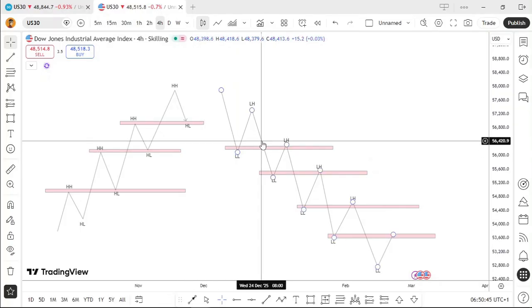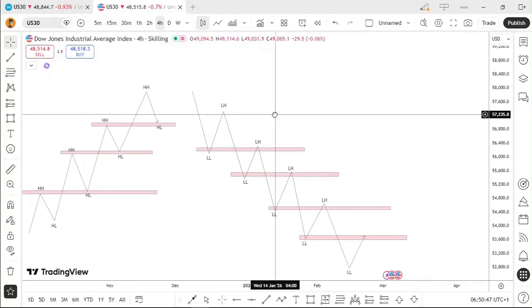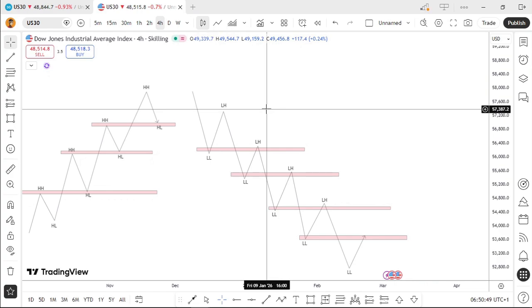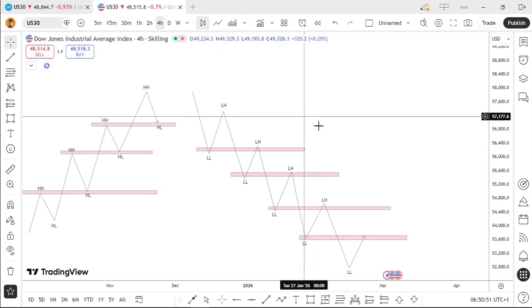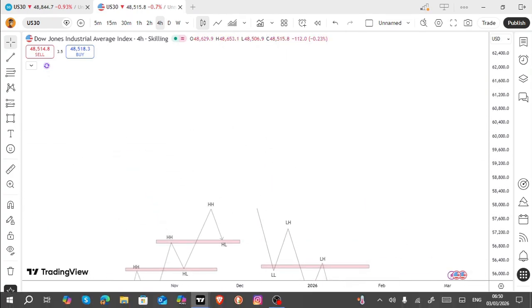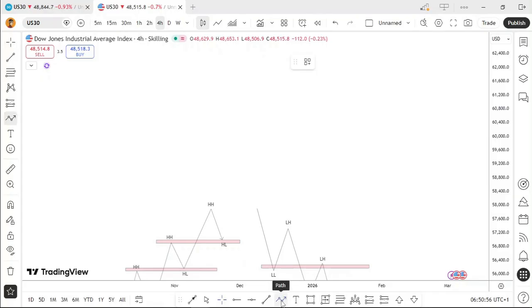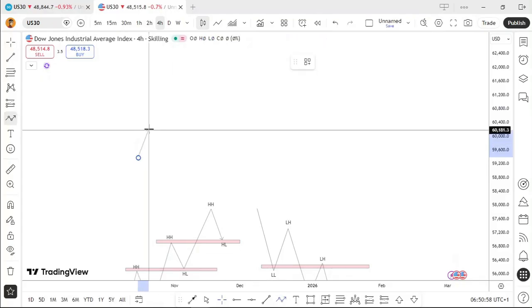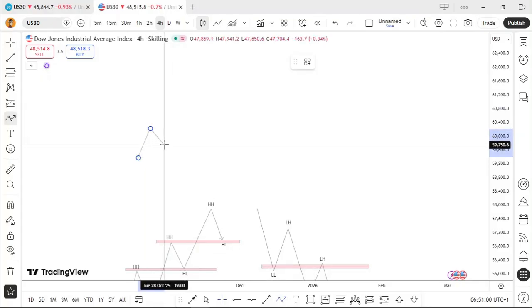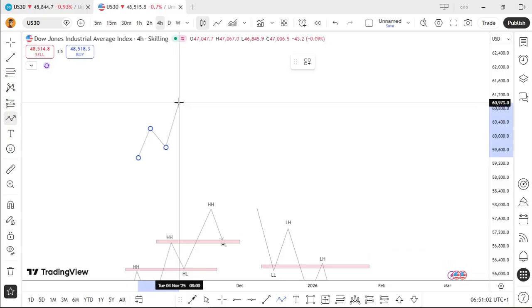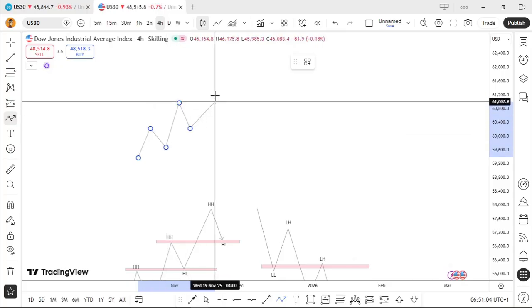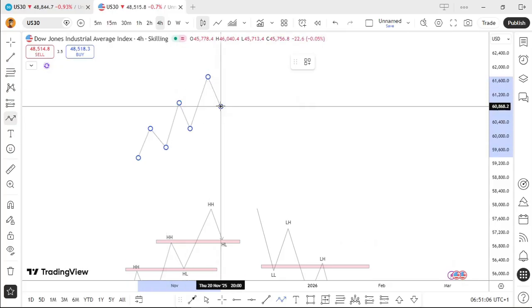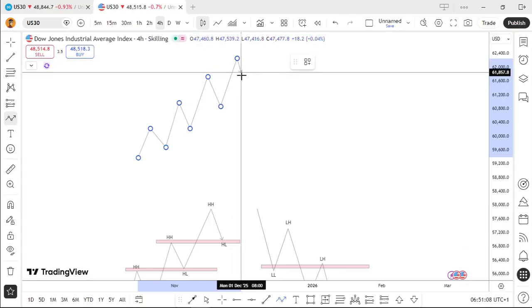The market has to break a structure before turning. So let me give another example. As the market is moving by creating higher highs and higher lows, higher highs and higher lows.